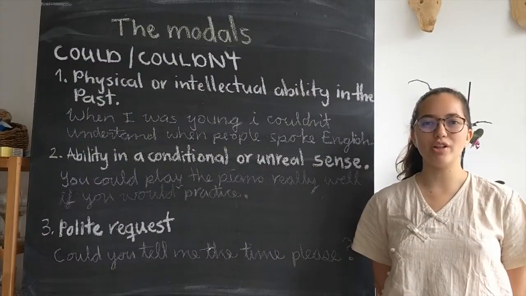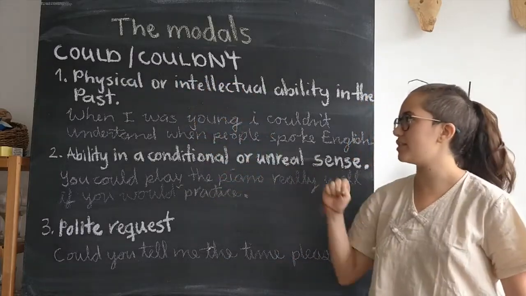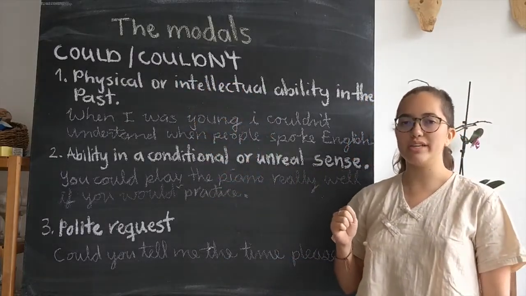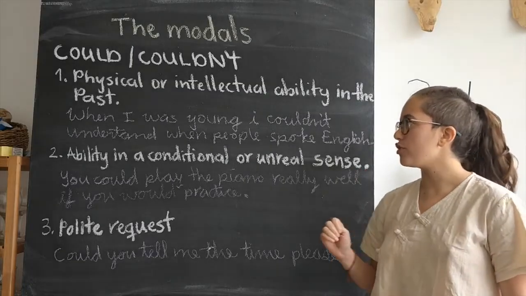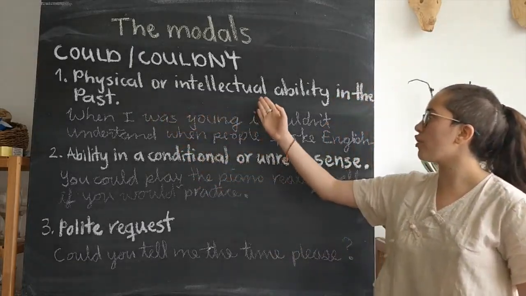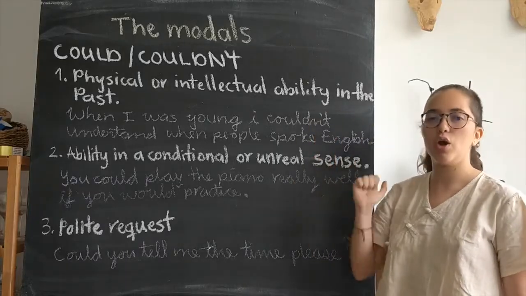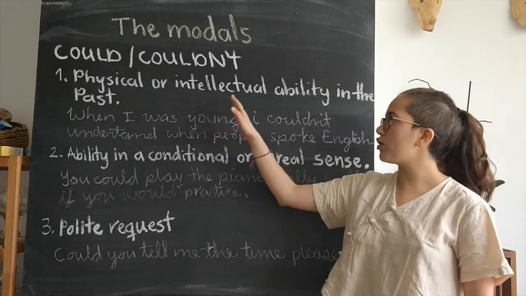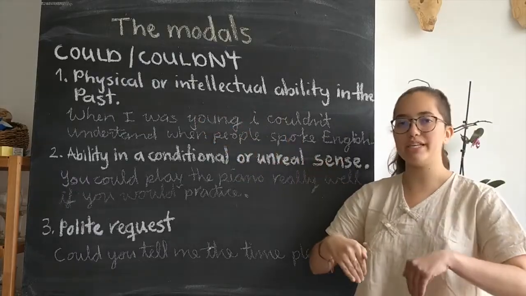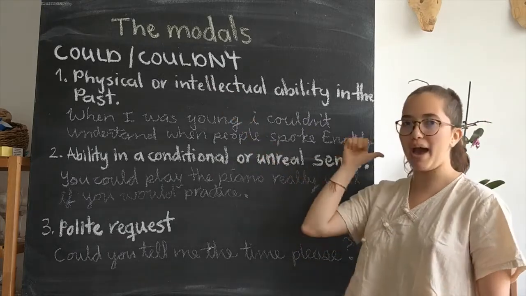The next modal auxiliary we are going to learn how to use is could, couldn't. Now, could and couldn't can also be used in three different ways. First, it expresses physical or intellectual ability in the past. Remember, can expresses physical or intellectual ability in the present or the future, whereas could expresses it in the past.